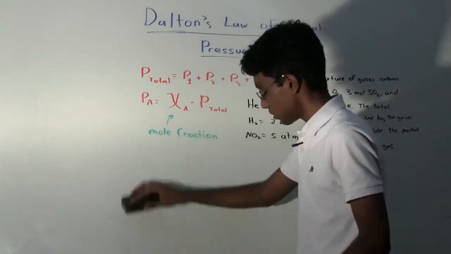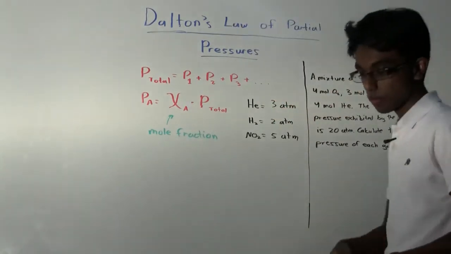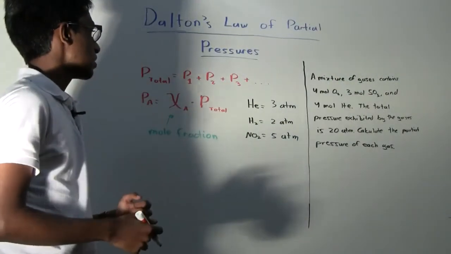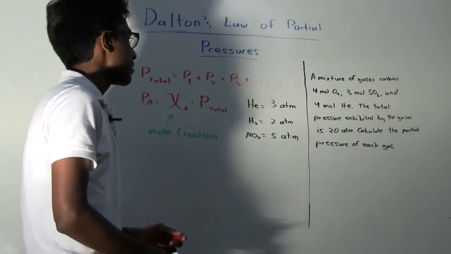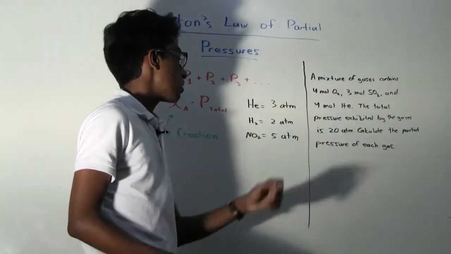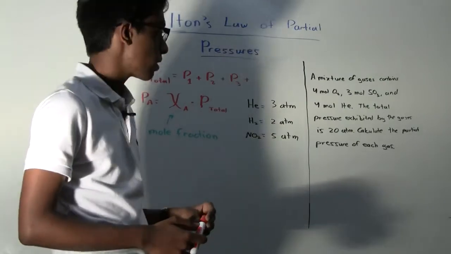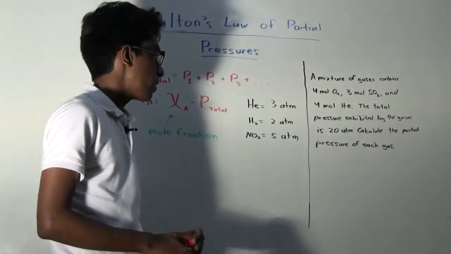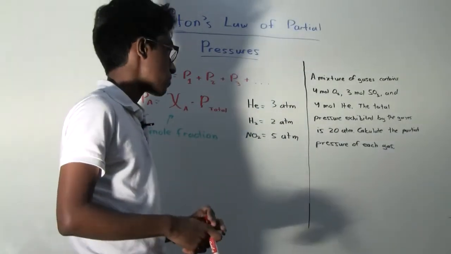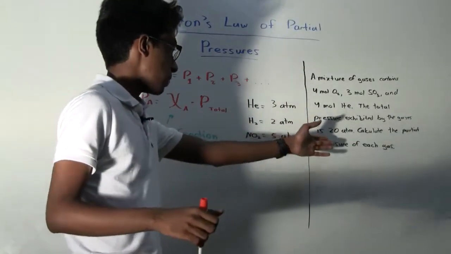That might be confusing, so let's go ahead and look at a specific problem on this side and actually do an example, okay? So you have a mixture of gases which contains 4 moles of oxygen, 3 moles of sulfur trioxide, and 4 moles of helium. And we want to know what the total pressure is. We have the total pressure, sorry, exhibited by the gases, and it's 20 atmospheres.